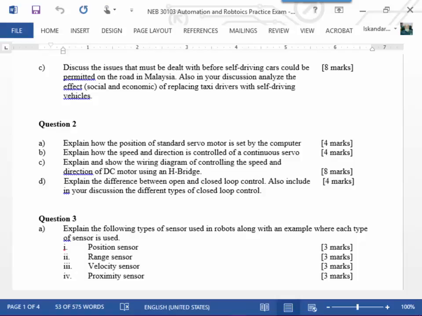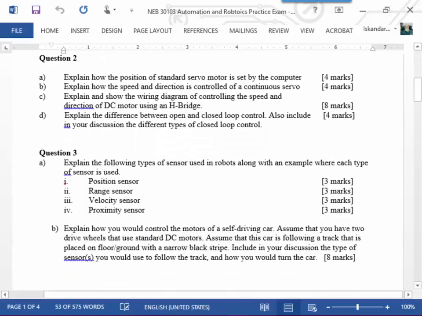Okay, question 2. Explain how the position of a standard servo motor is set by the computer. It is set by sending a particular repetitive pulse of a given pulse width. A standard servo will only go between 0 and 180 degrees, and there's a table for that.